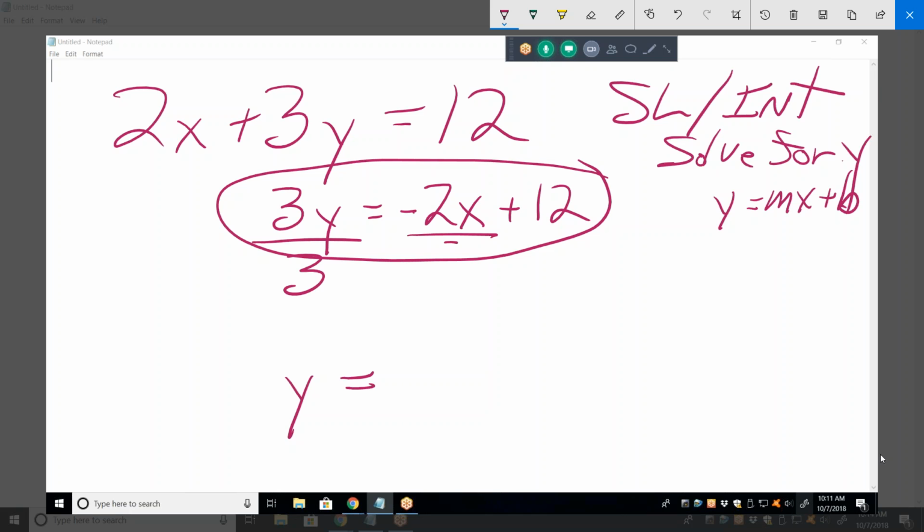And I have to divide both sides. And dividing both sides means dividing both terms on that right side. So now what do I have? Go left to right. Start there. You got y equals what?